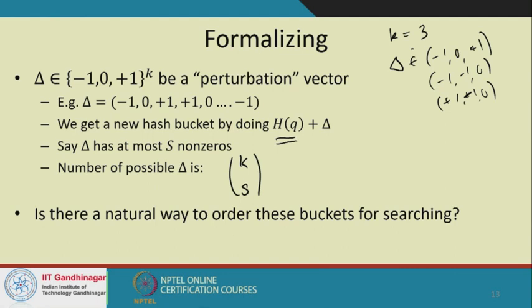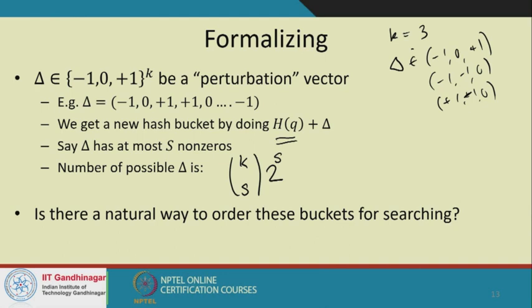And each of these positions gets a +1 or -1, so that's 2 to the S. So once you fix S, the number of possible perturbations is k choose S times 2 to the S. And this is for a single hash table.